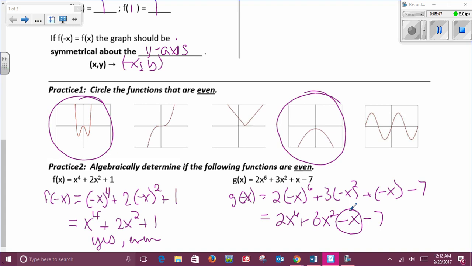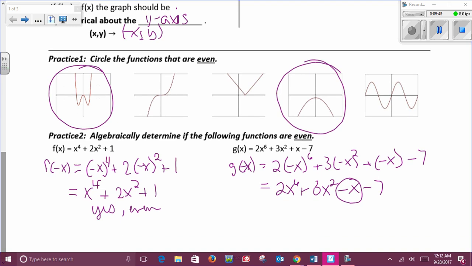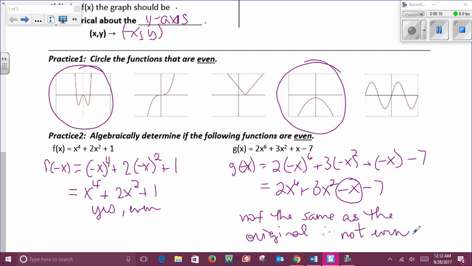This piece here is not the same as the original. Therefore, those three little dots together mean therefore not even.